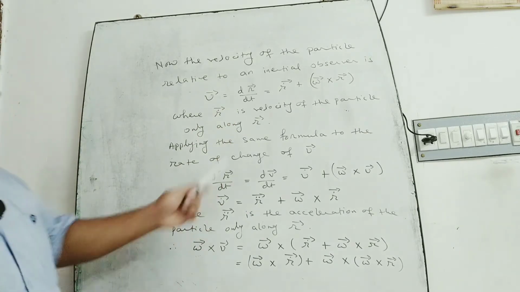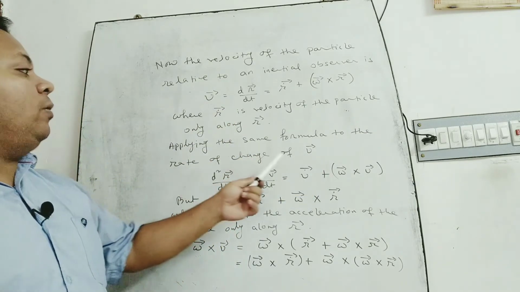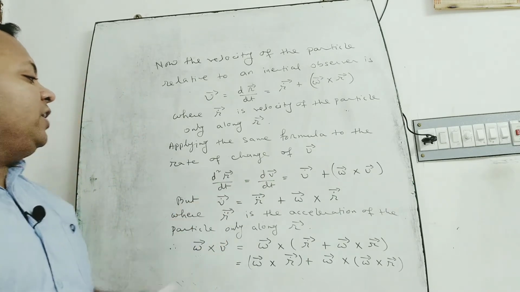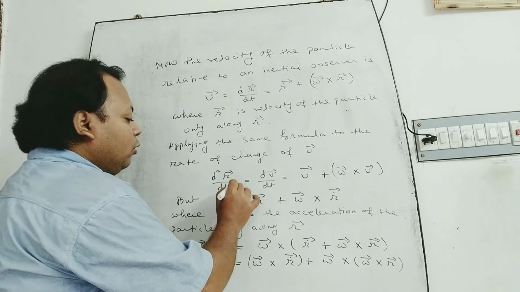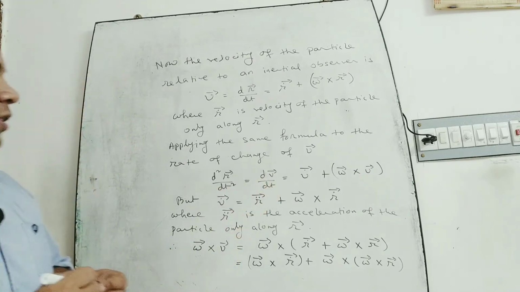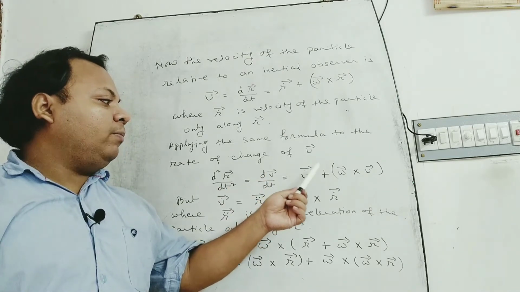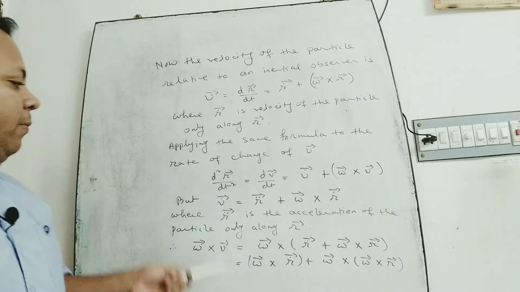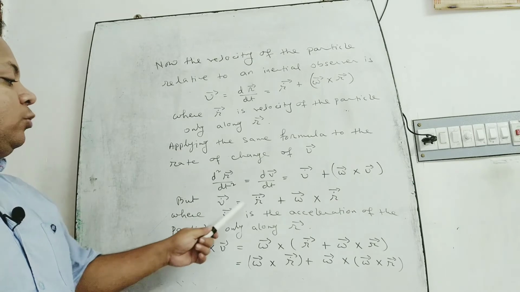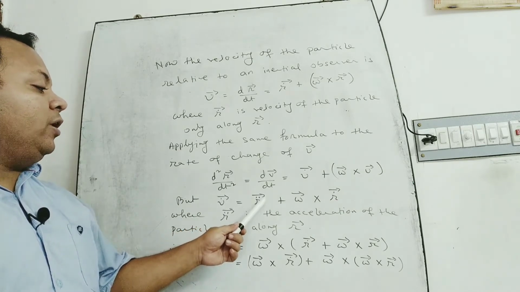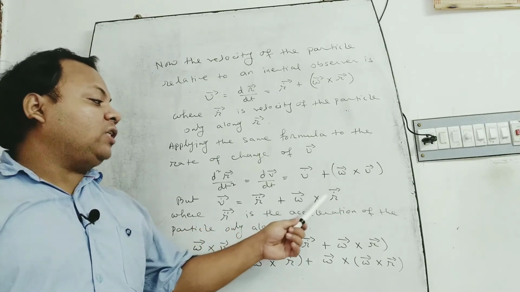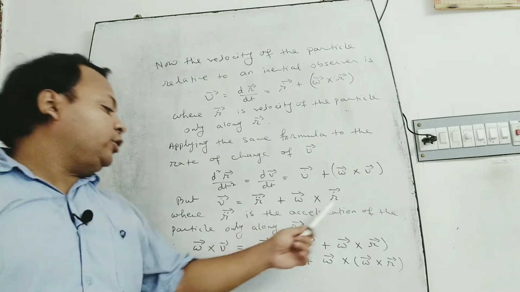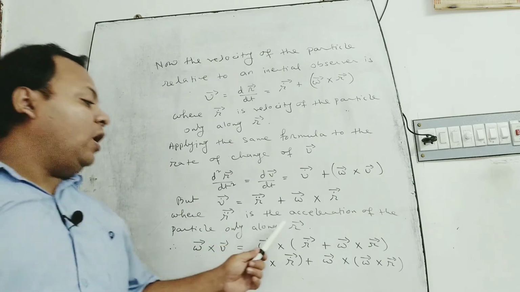Now, applying the same formula to the rate of change of v vector, d2r dt2 vector is equal to dv dt, which is v dot vector plus omega vector cross v vector. But v dot vector is equal to r double dot vector plus omega vector cross r dot vector, where r double dot vector is the acceleration of the particle only along r vector.